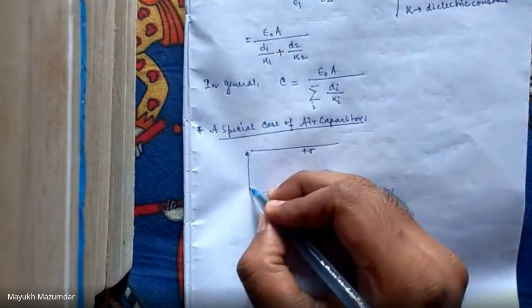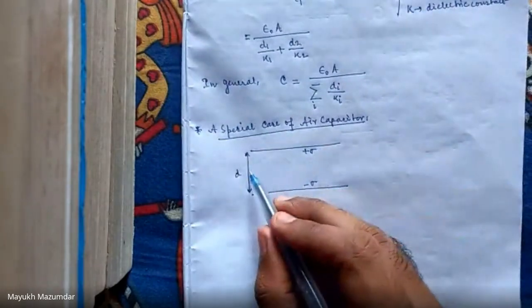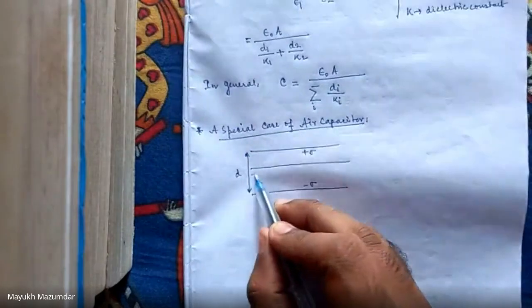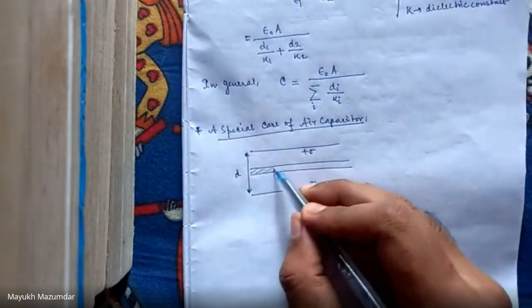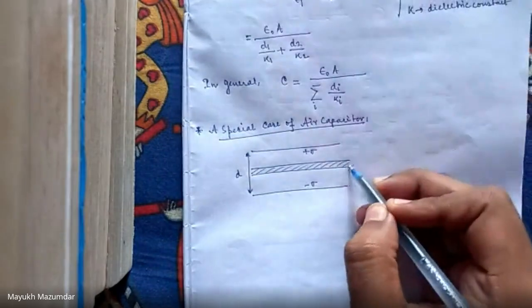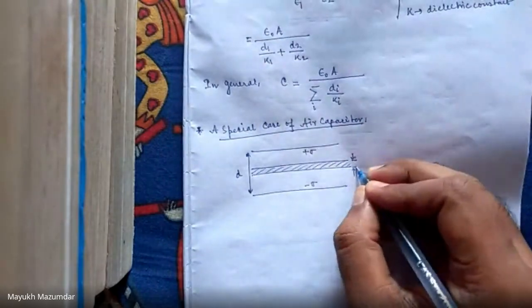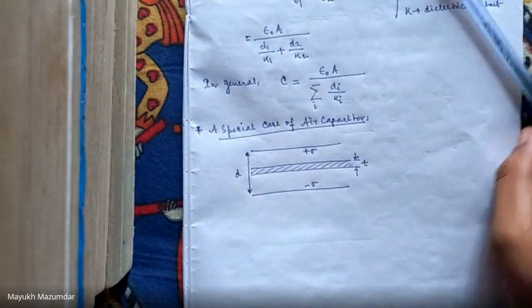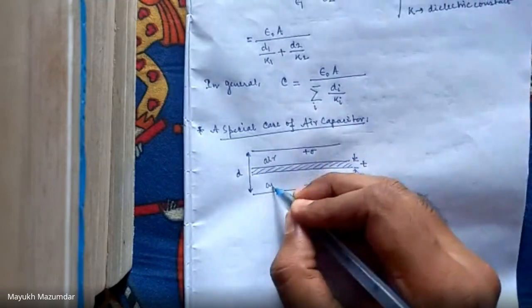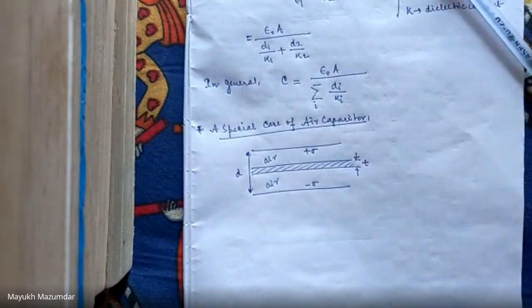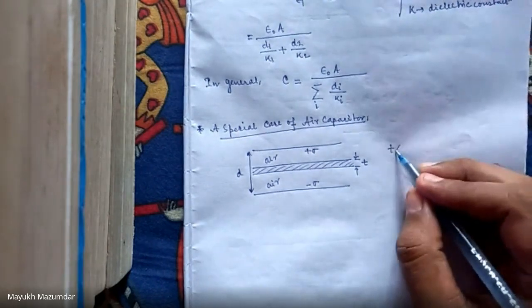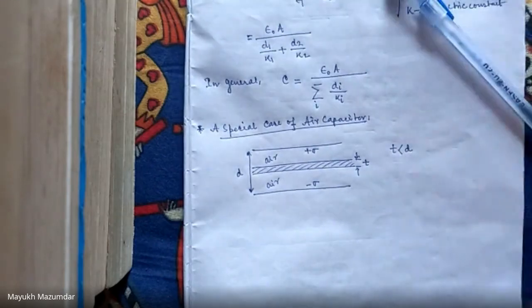Separation is D. Inside it I have a dielectric slab, not throughout, but only in this region, whose thickness is small t. The rest of the portion is filled with air. So it's needless to say that t is less than D.